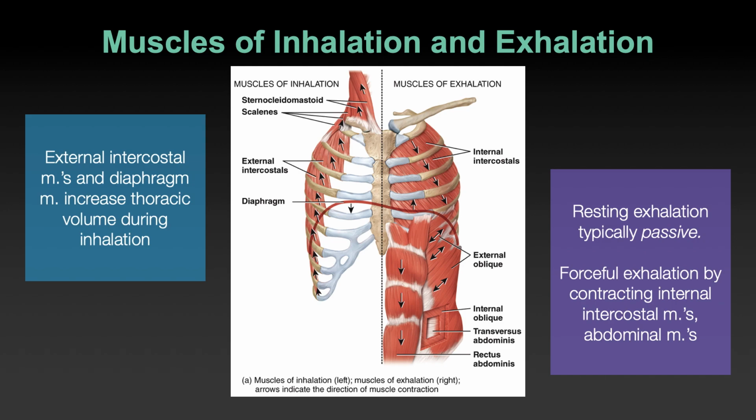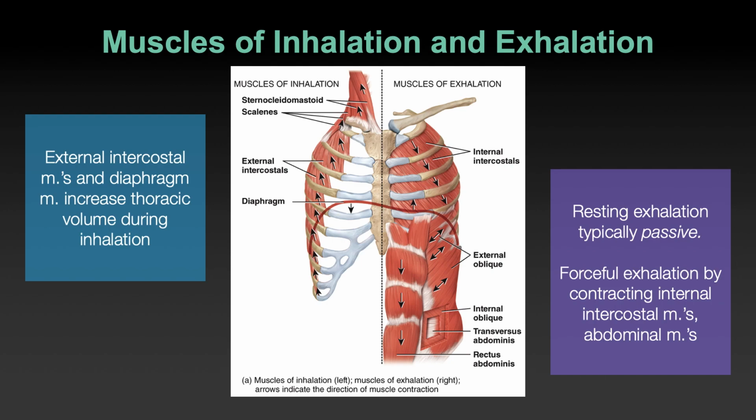But you don't only breathe out passively, you can breathe out forcefully if you need to, and you will in some upper level labs. If you forcefully exhale, that's when we start to contract the internal intercostals.